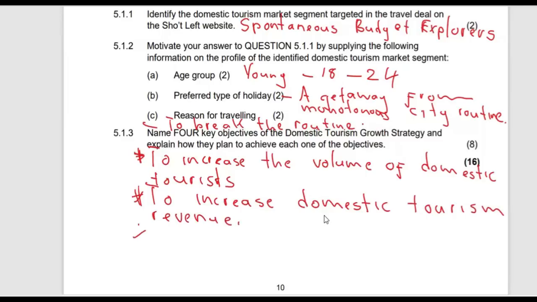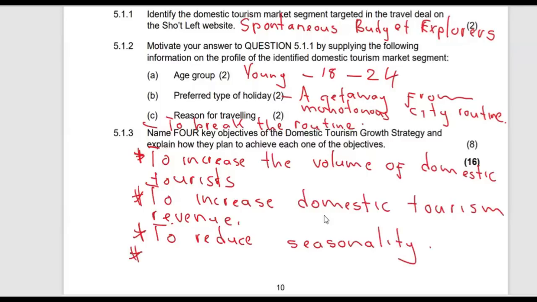In addition to that, to reduce seasonality, which is traveling in particular seasons. For example, you can actually notice that most people in South Africa travel during the December holidays. So one of the aims of the domestic tourism strategy is to reduce seasonality.